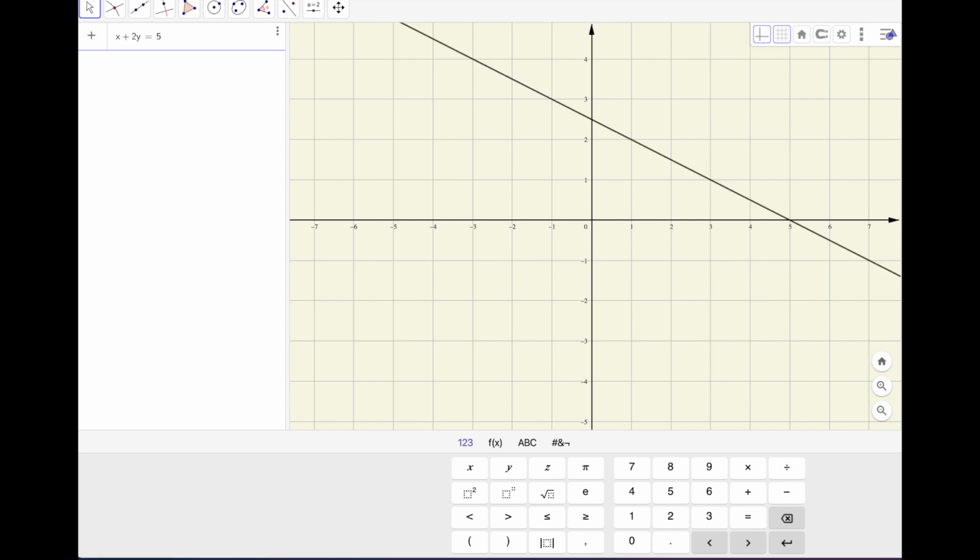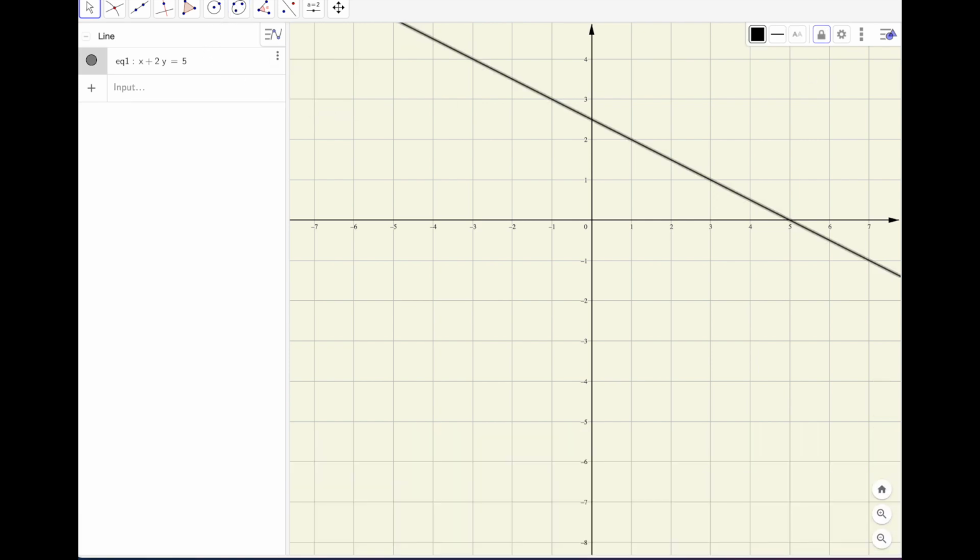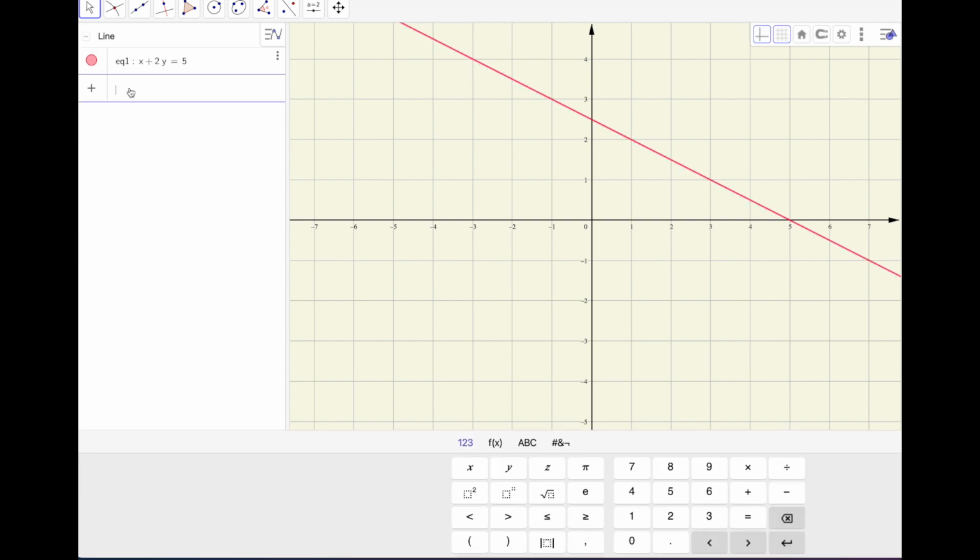This would be this equation. Okay, and let me change the color here. For example, let me make it red. So this is one equation. And now I want to draw another equation, but this would be 2x plus 4y equals 10.